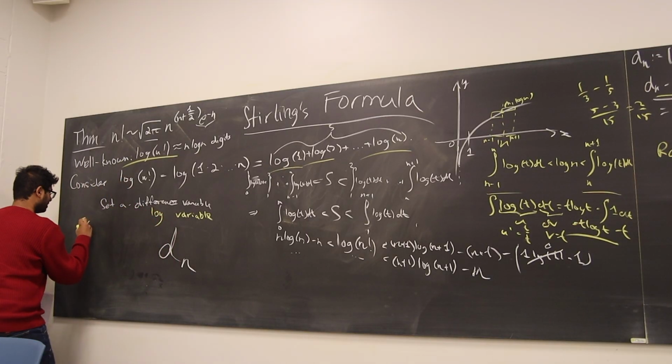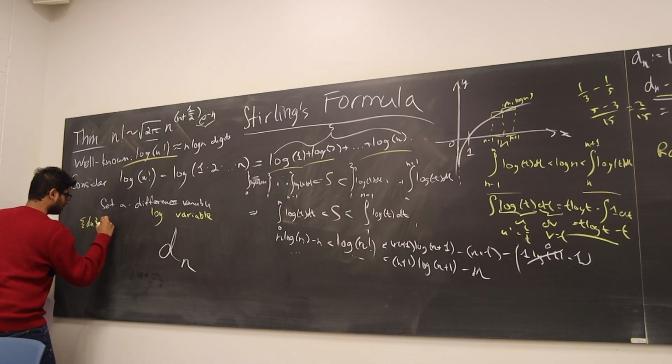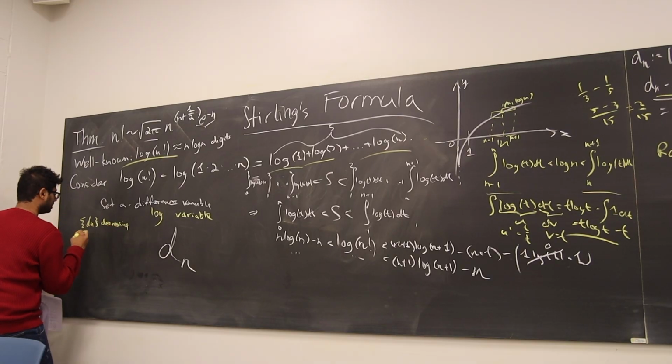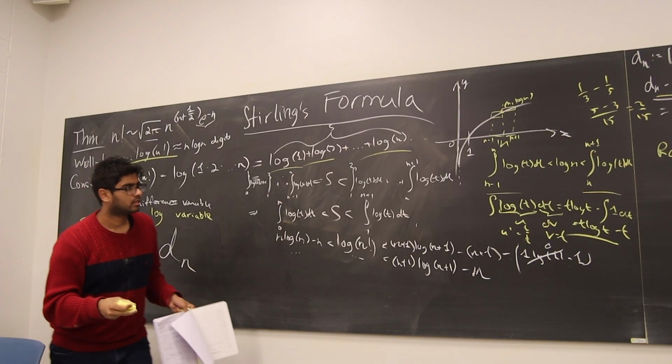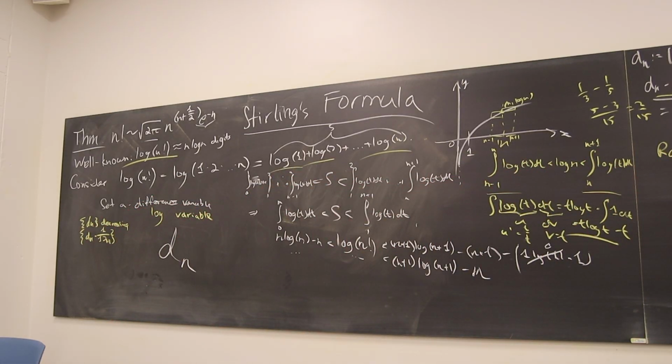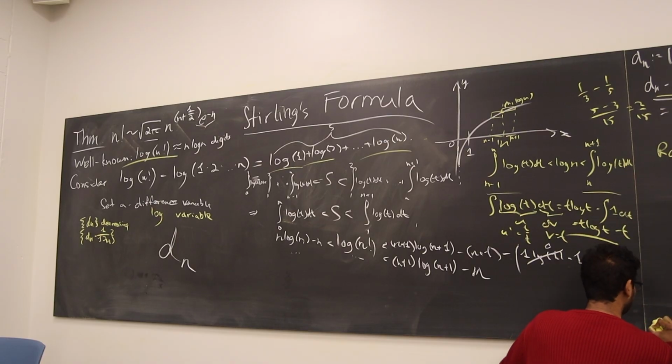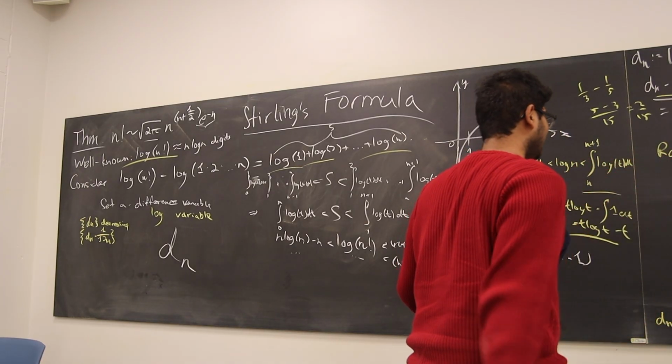Okay, so dn is decreasing. What about the sequence dn minus 1 over 12n? If I consider dn minus 1 over 12n, we know the gap is less than this bound. So if you consider dn minus 1 over 12n, minus dn plus 1 minus 1 over 12 times n plus 1, this is very deliberate, because we're literally just using the bound.